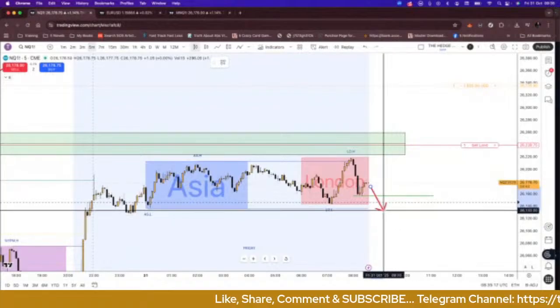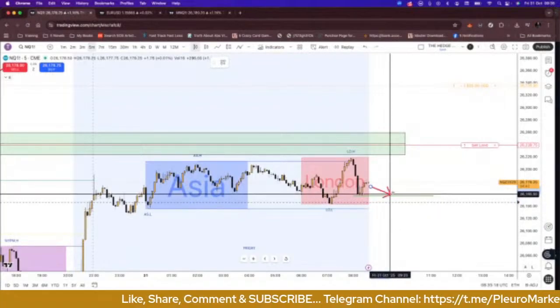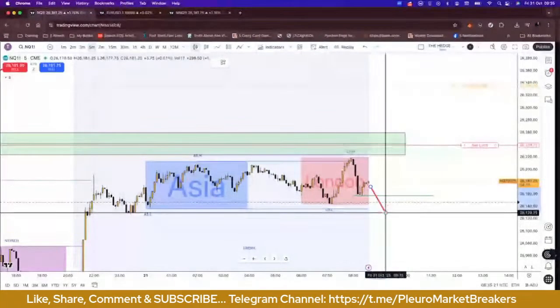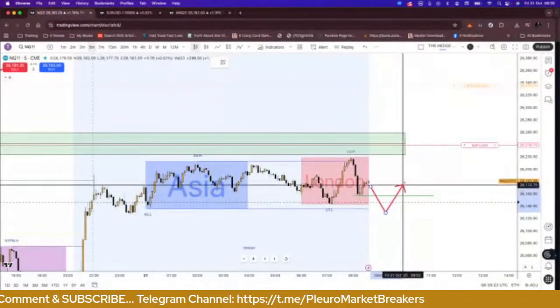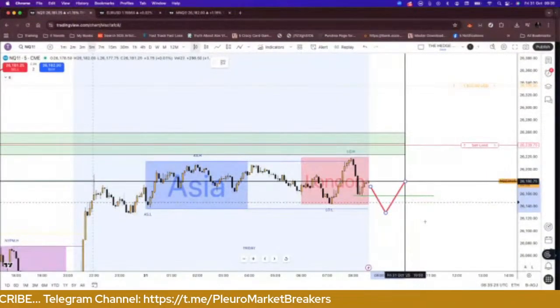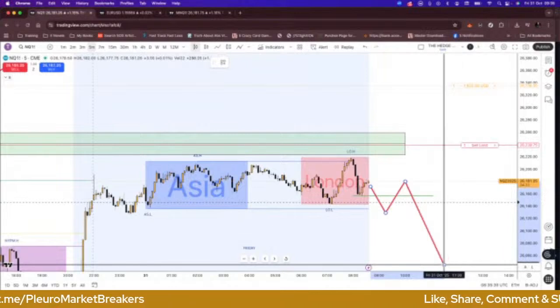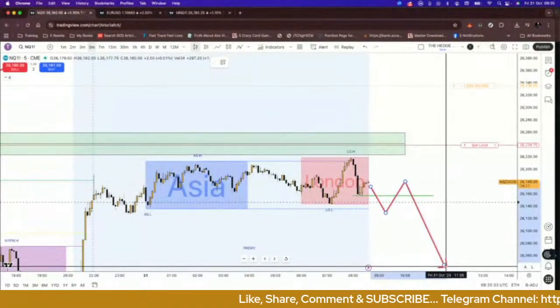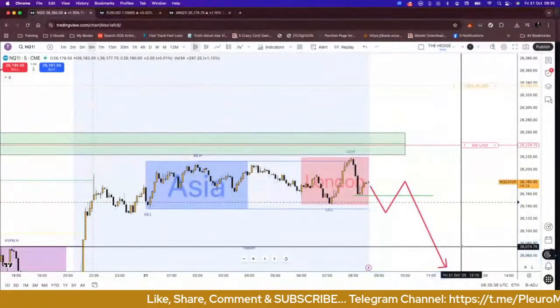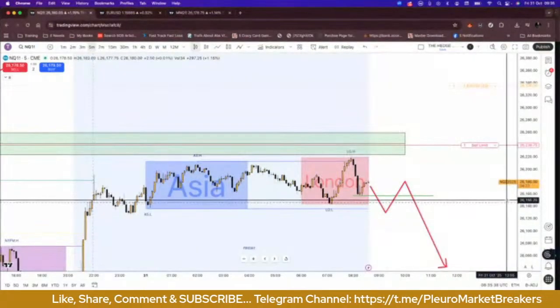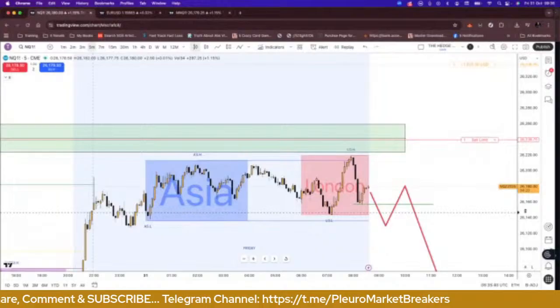Something like this, and then a drop. Now the question is, where would I be targeting?